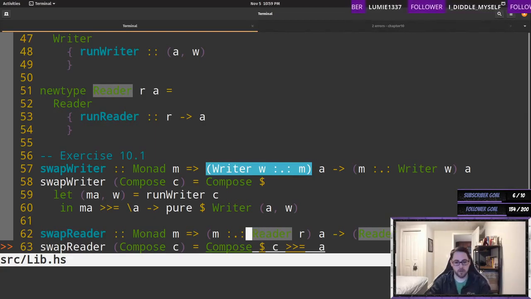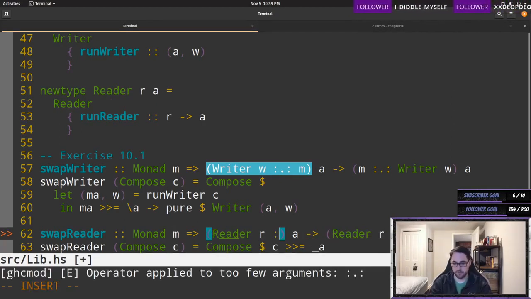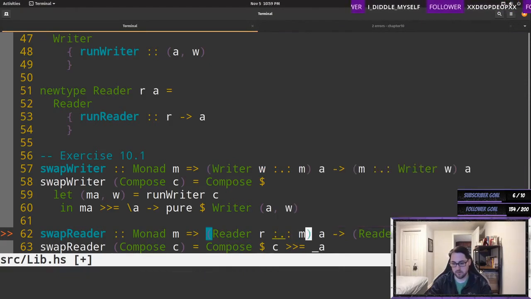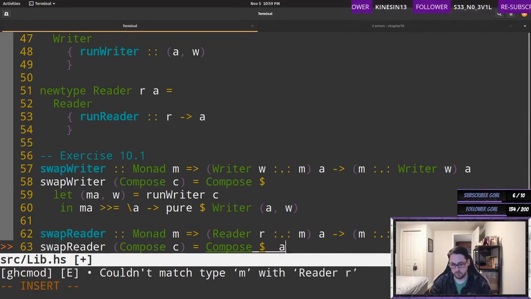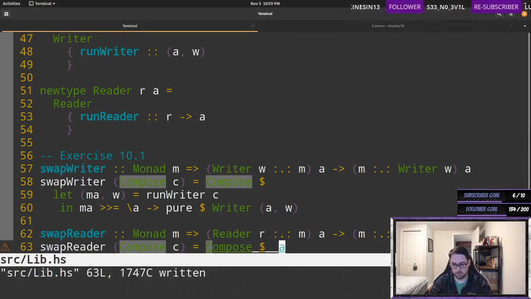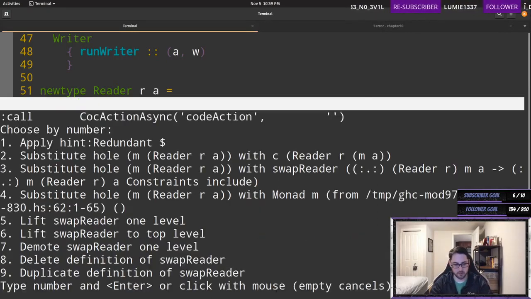Let's see if I can do it the other way, and then maybe that's enough. All right, and then what's the type of C here?